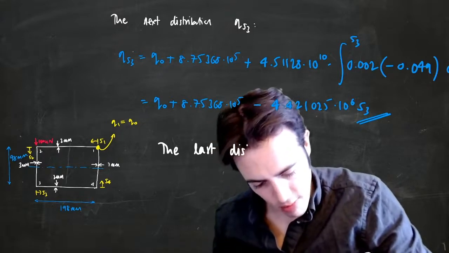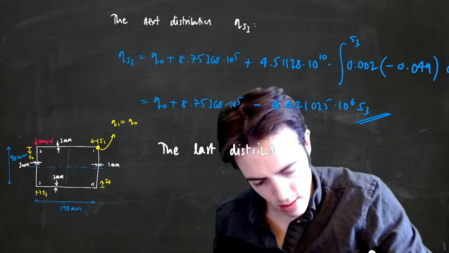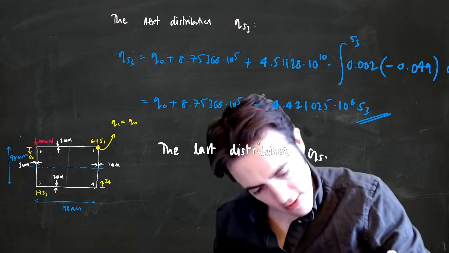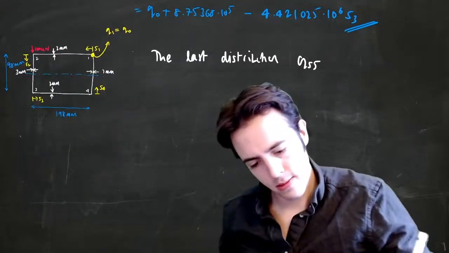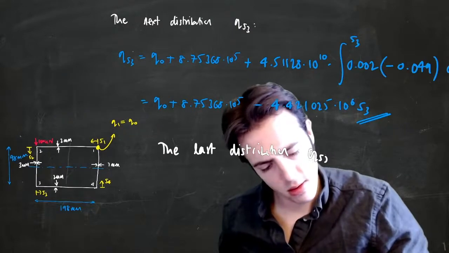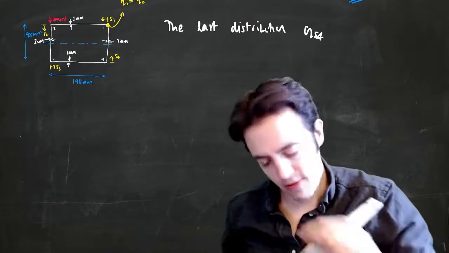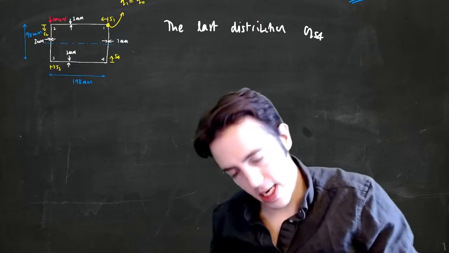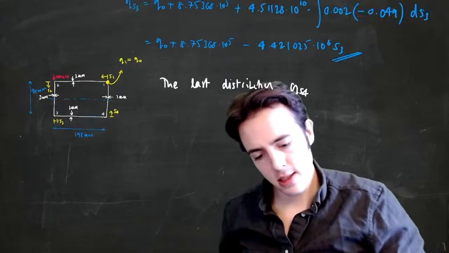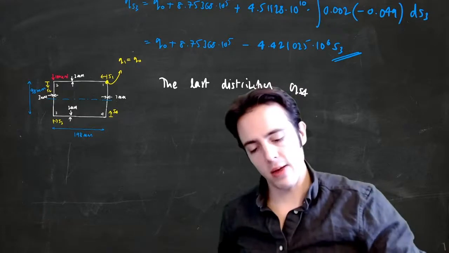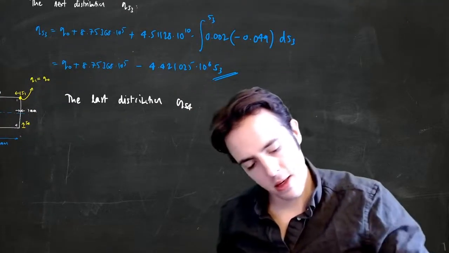So the last distribution, QS4. There ain't no Q5 on this, or there ain't no S5. We need that principal value, which I haven't worked out yet. So let's work out that principal value.